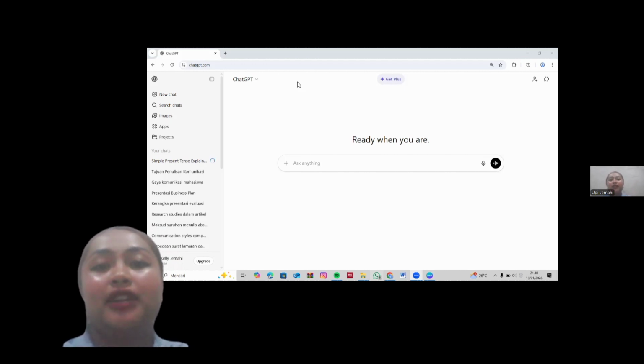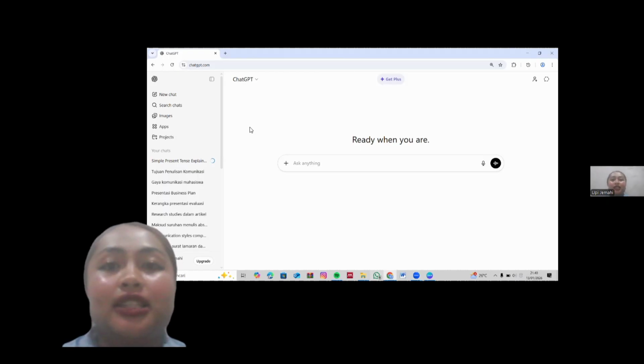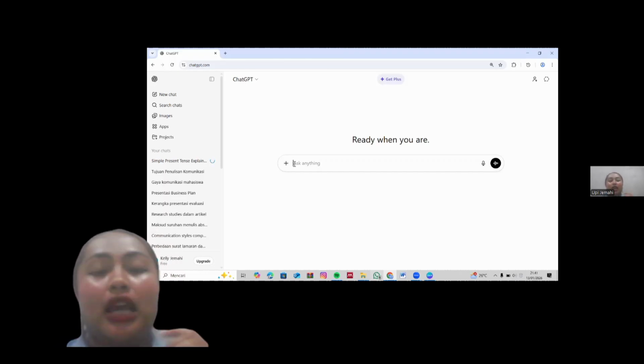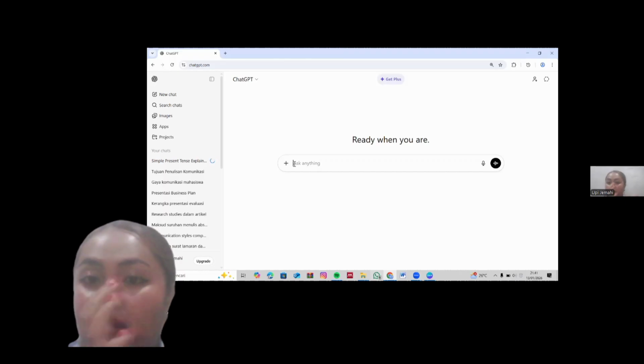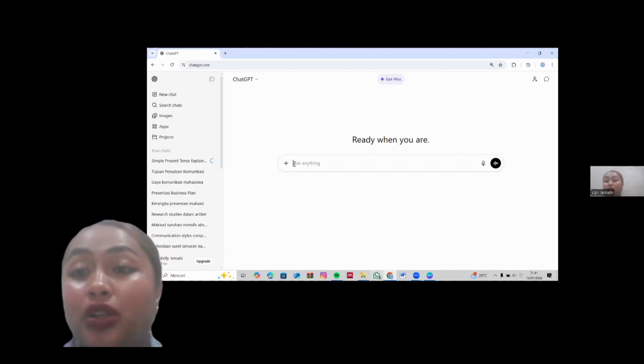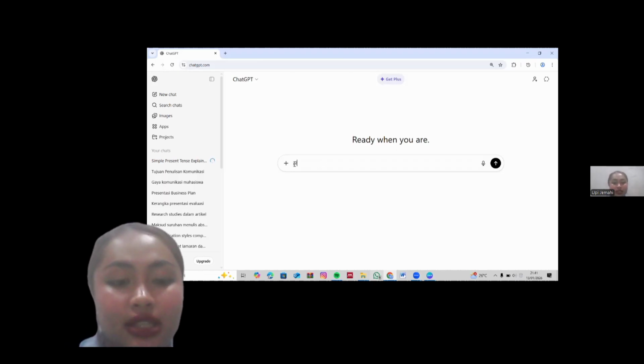So how do I find the materials using ChatGPT? Let's see, I share the screen for you guys. First, I open ChatGPT, and then I type a simple question just like that. You can see that.